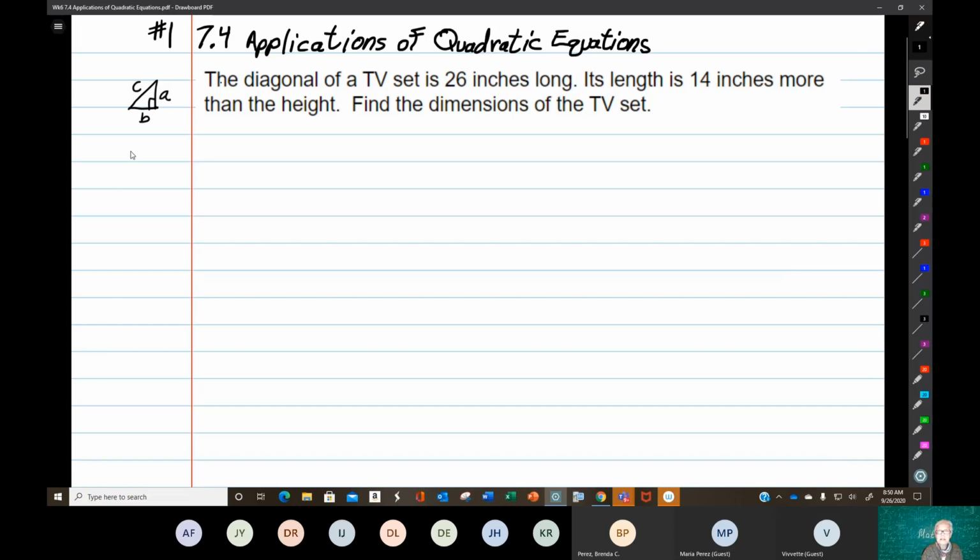Now it doesn't talk about area at all. It just talks about the relationship among, I should say, because there are 3, the lengths, plural, of the sides. So this is the famous a squared plus b squared equals c squared. And here we have the diagonal of a television set.